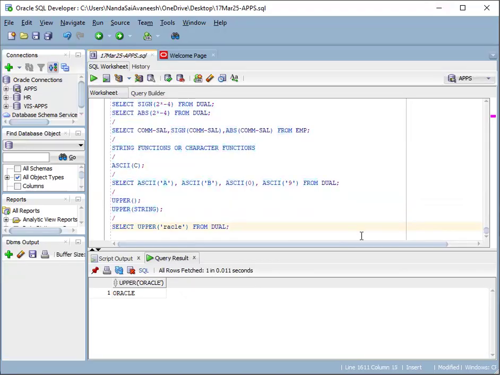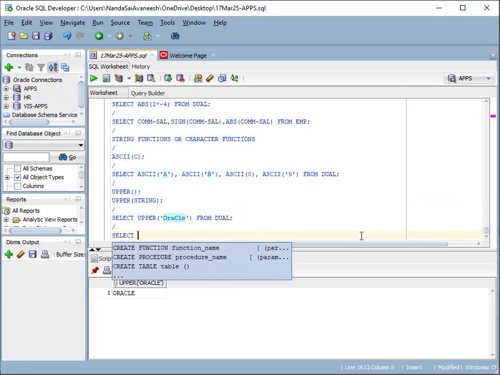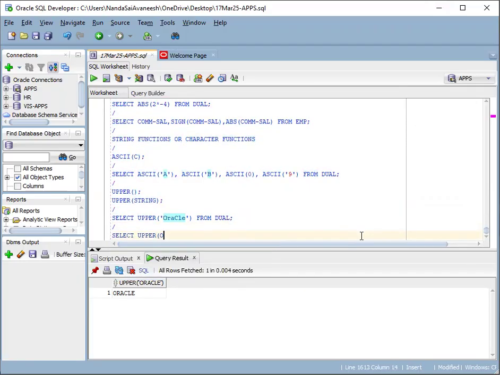Suppose I give some characters as capital and some as small letters, then also it will completely convert the string value into upper characters. Select upper of, again I will write it as completely all upper characters. Then what will happen?